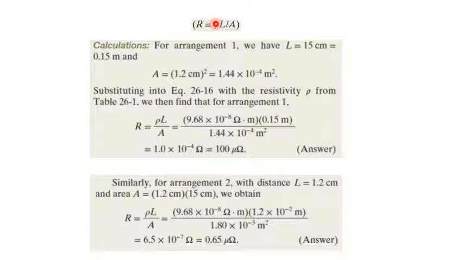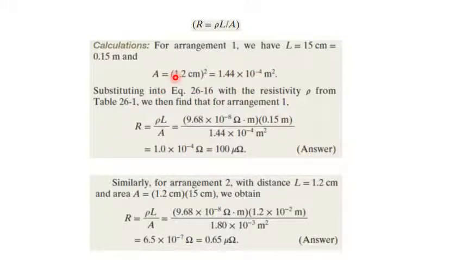In general, the resistance of any sample R equals the resistivity multiplied by the length over the area. For case 1, the area is 1.2 centimeters squared, so it is 1.44 multiplied by 10 to the power minus 4 meters squared, since a centimeter is 10 to the power minus 2 meters.